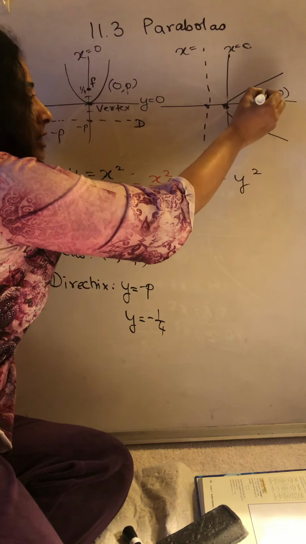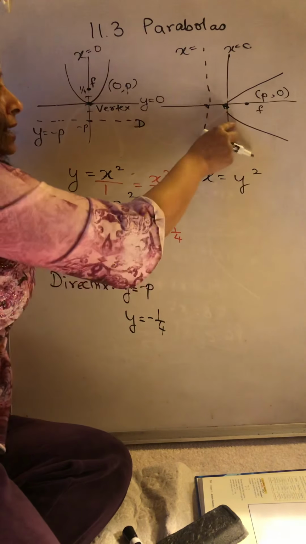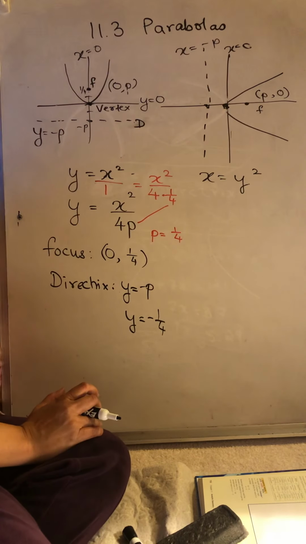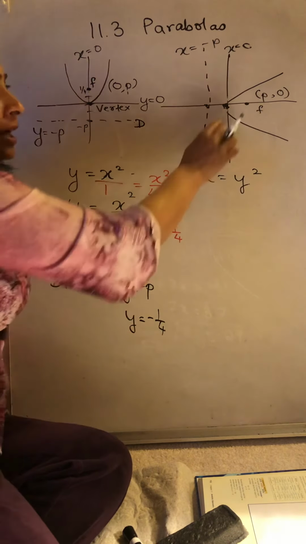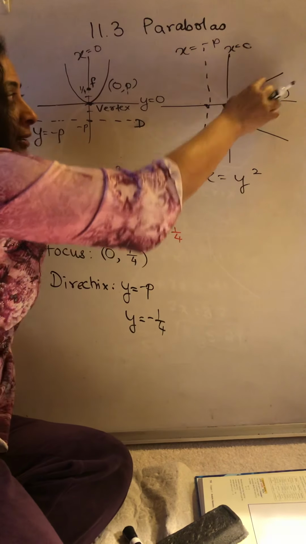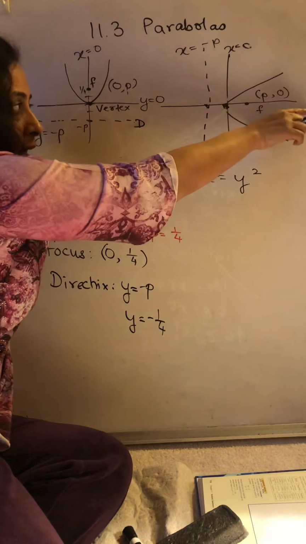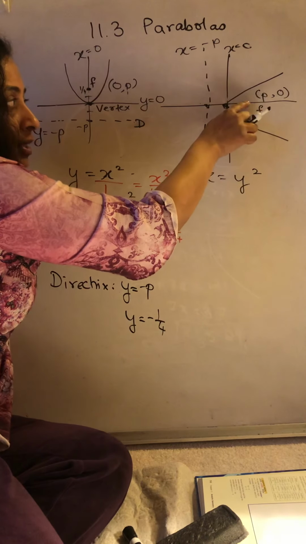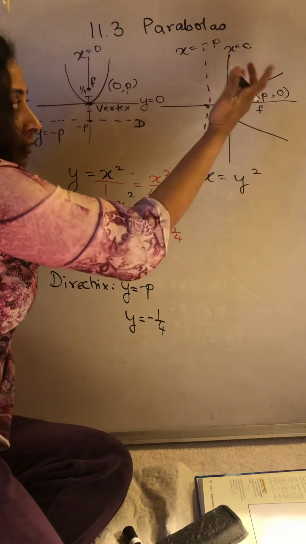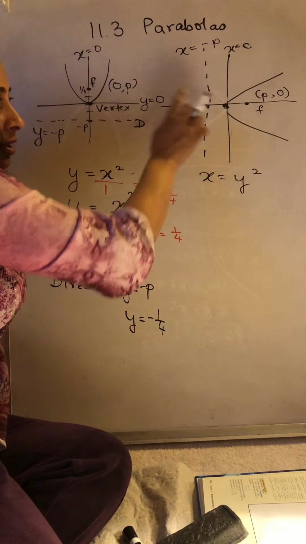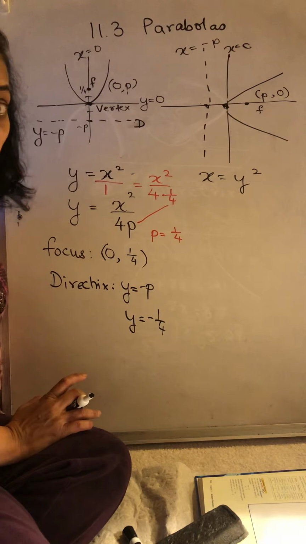This will always be just p, and the directrix will be whatever is p, negative. It makes sense, right? The focus is always inside the parabola. Since the parabola is opening this way, the focus has to be positive p. And the directrix is on the opposite direction. So if this is positive, this is negative, right?